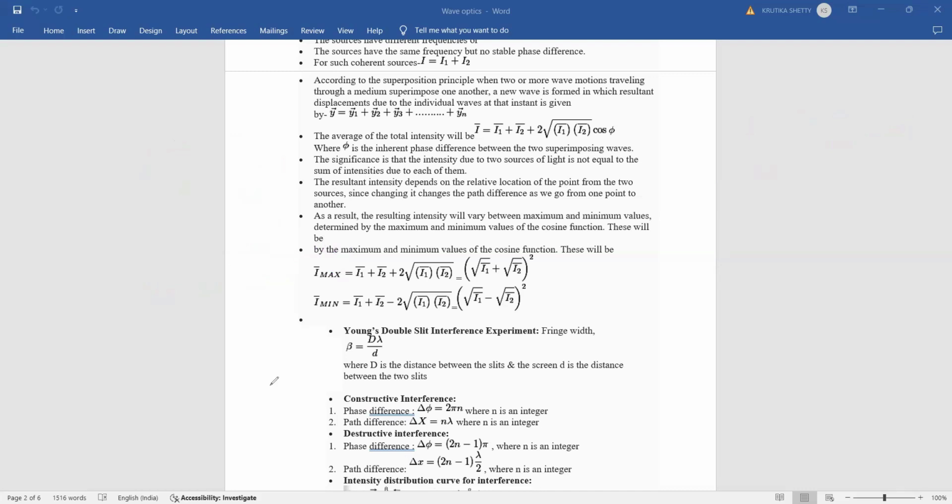Here we have two conditions, the maximum and minimum values of the intensities. So how do we calculate the maximum and minimum values of intensity? As intensity varies between maximum and minimum values, it is determined by the maximum and minimum values of the cosine function.